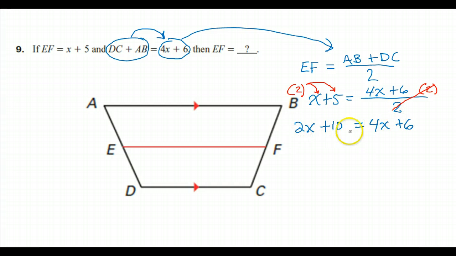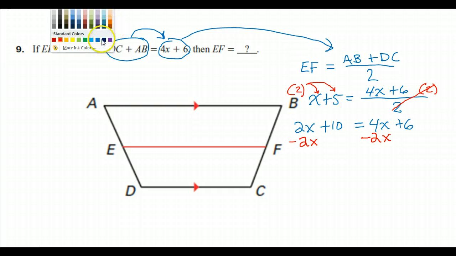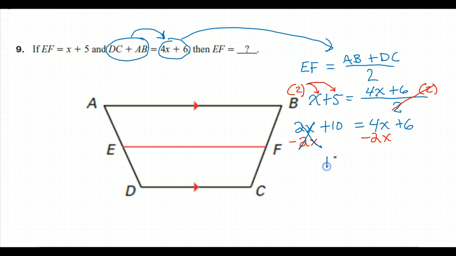Anytime I have a variable on both sides of the equation, I got to get rid of one of them. So I think I'll get rid of the 2x, just to try to keep things positive. So I'm going to subtract 2x from both sides. That's going to give me, because these are gone now, 10 equals 2x plus 6.